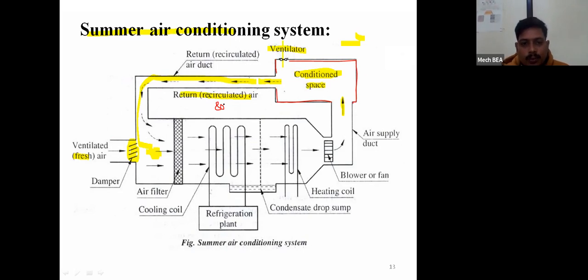In some applications we are using 60% return air, in some 80%, in some 90, and in some we are using 100% in pharmaceutical industries. Depending upon the various applications, the percentage use of recirculated air will be different.